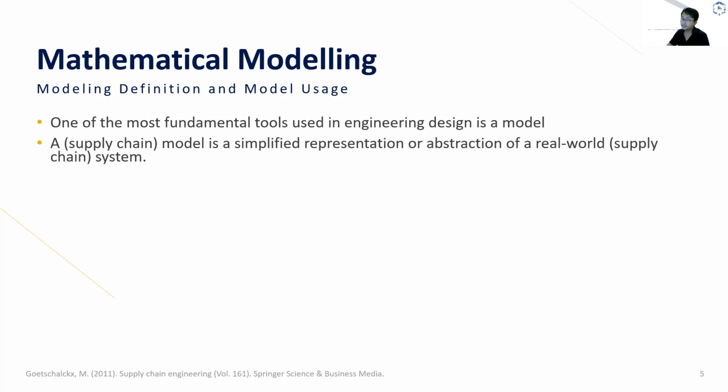In this case, because it's a supply chain book, when you create a mathematical model for supply chain problems, it is normally a simplified representation. So, this is one of the drawbacks, you won't be able to represent all the complex possibilities that happen in real world systems, but this simplified representation or abstraction should be usable as a consideration for your decision making process.